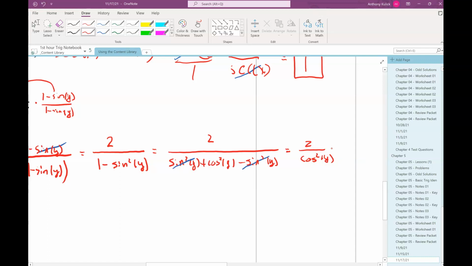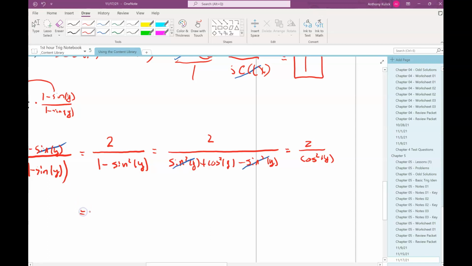Very cool. Getting much simpler, right, as we're going. Went from two fractions to one fraction. Inside that one fraction, we went to just one term over one term. This is getting better and better.